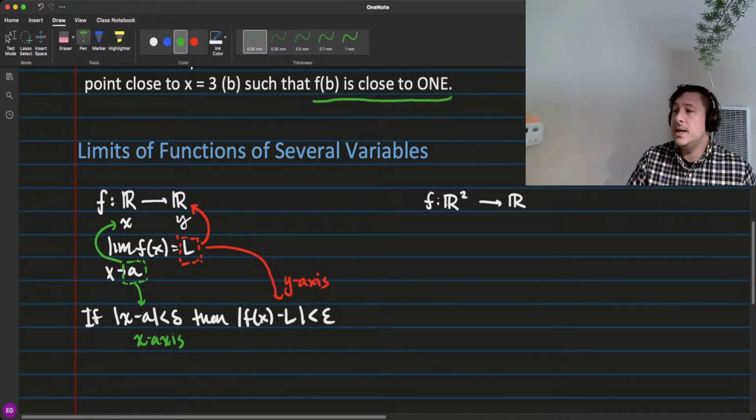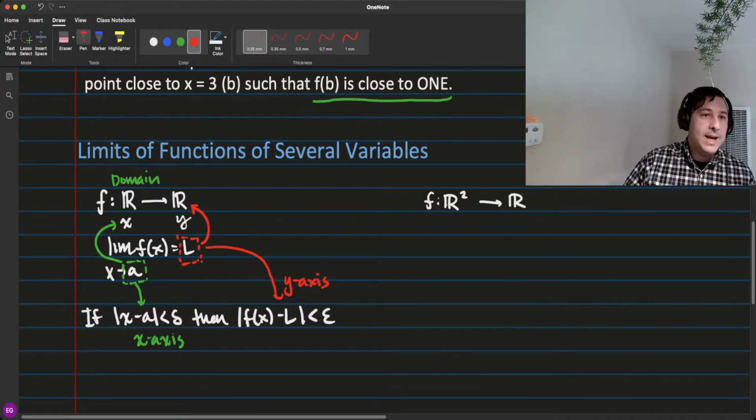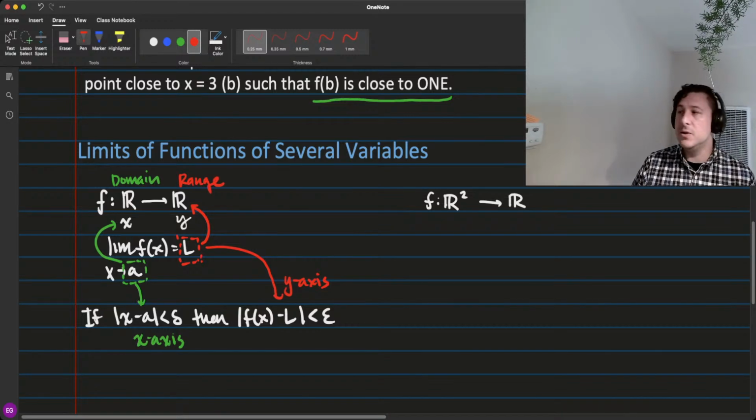Notice that what you're approaching in the limit was from your domain, and what the limit was equal to was from your range.